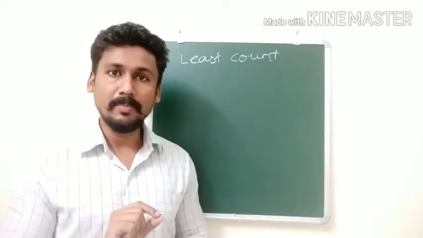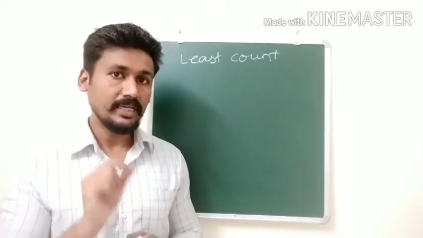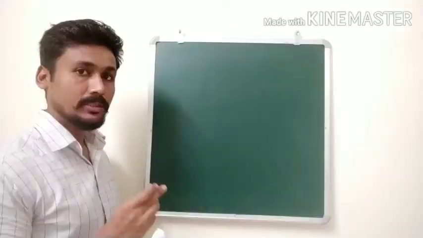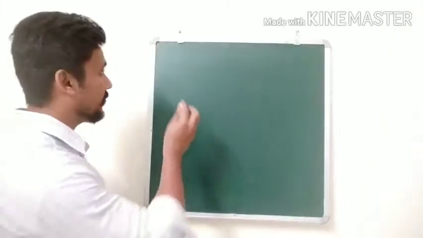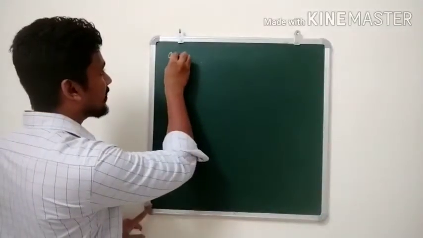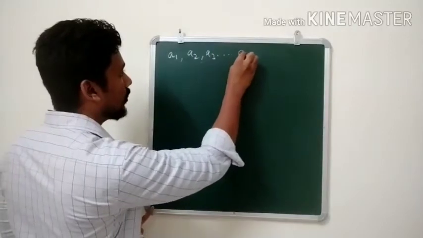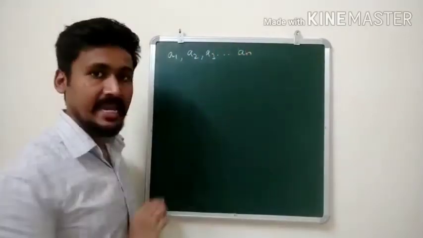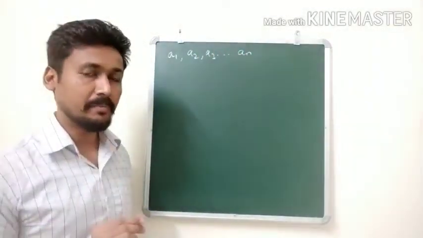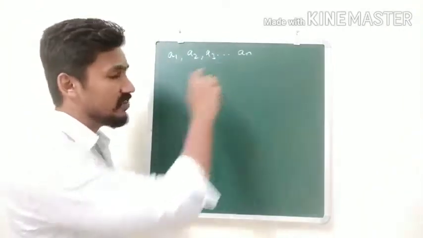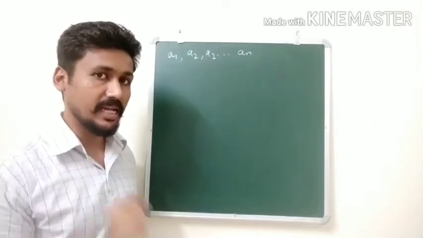So now we are going to imagine a case where we are doing some kind of measurements using an instrument. Okay. So after making the measurements, we get the readings such as A1, A2, A3, so on up to AN. So we have taken n number of readings. Always remember, if we want to have a smaller error, the number of readings that we are taking should be very large.